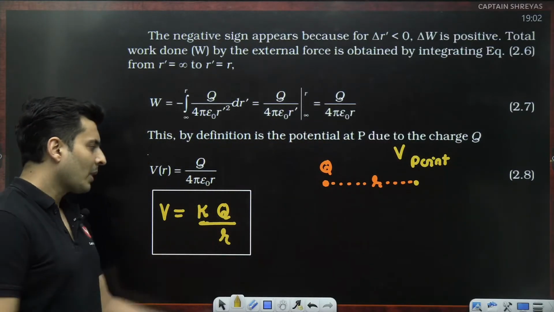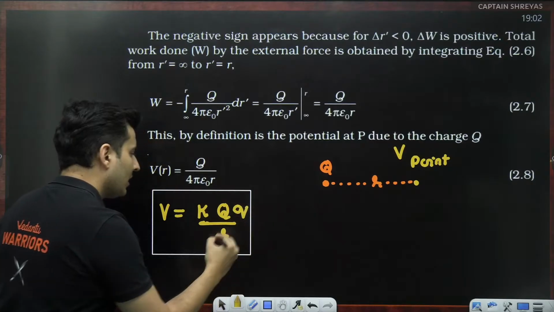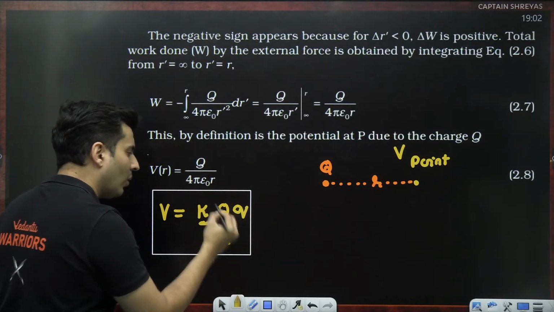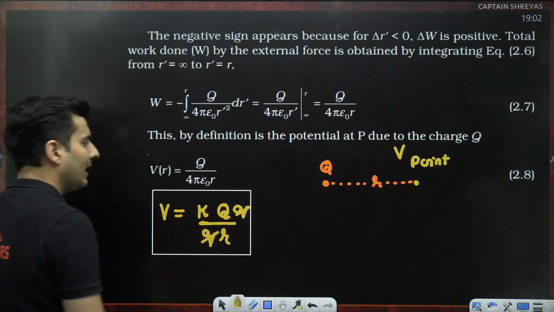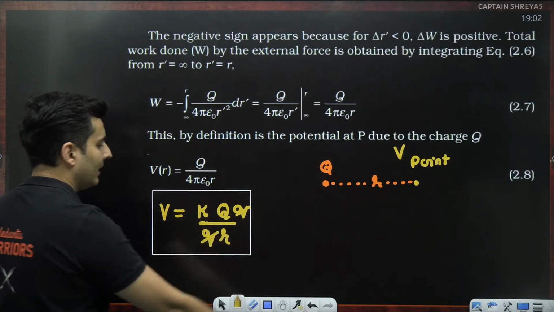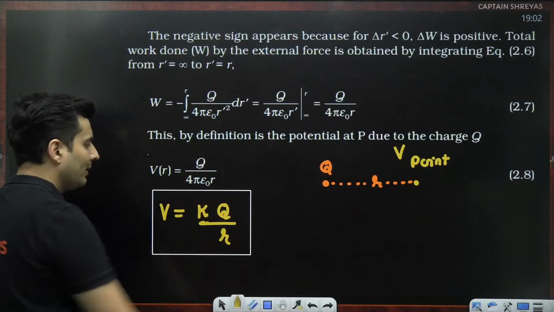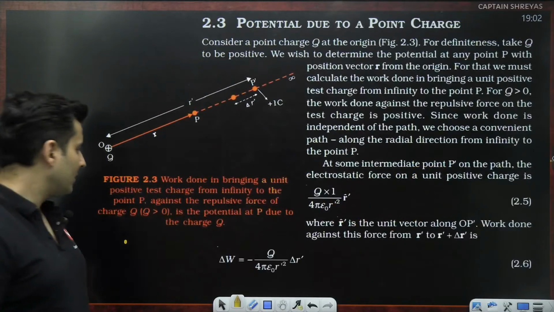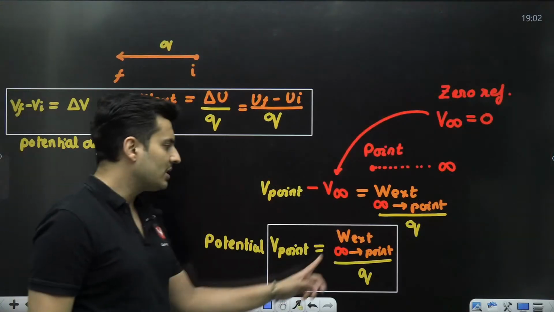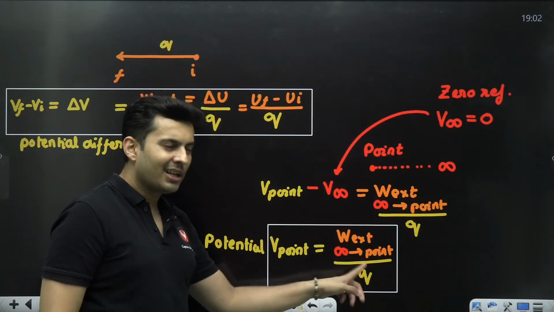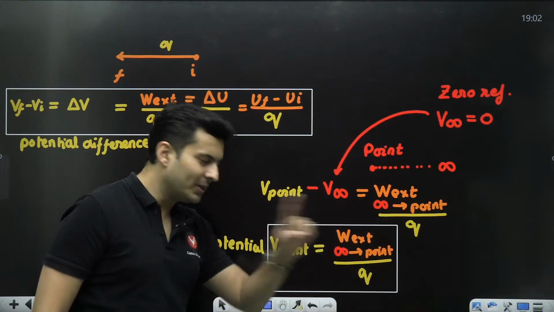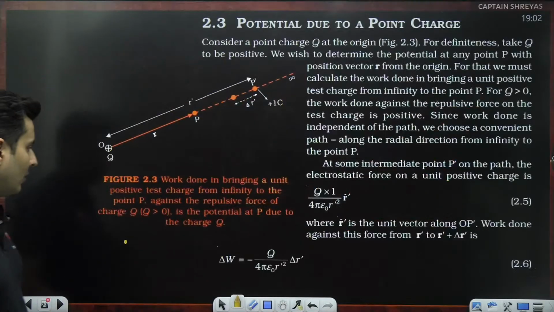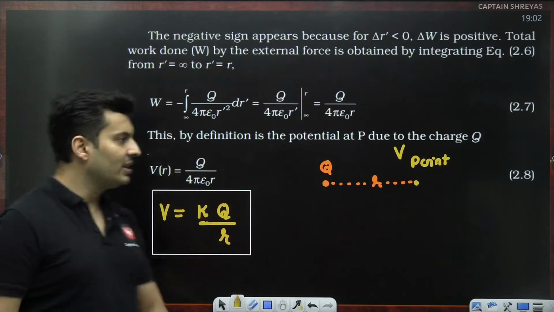KQ by R. Because remember that KQQ by R was for energy. If you divide it by Q, the Q and Q get cancelled. So look at this definition: potential is work by charge, but work is energy. Energy was KQQ by R. So Q and Q get cancelled. That's how you end up with this particular formula.